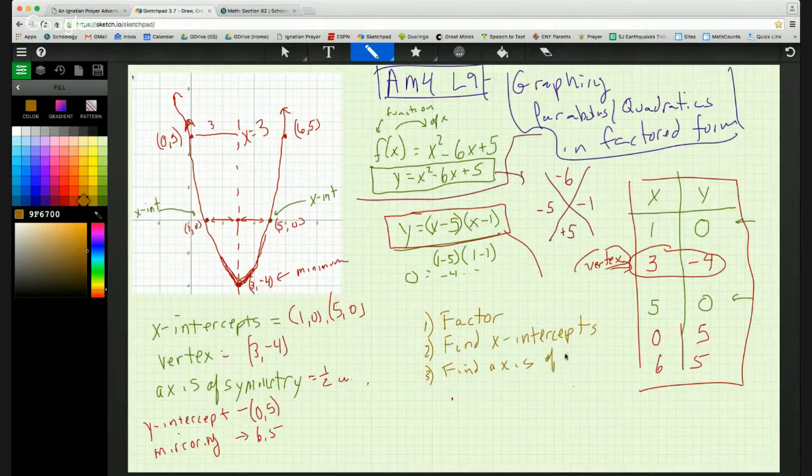Axis of symmetry, which is halfway between x-intercepts.